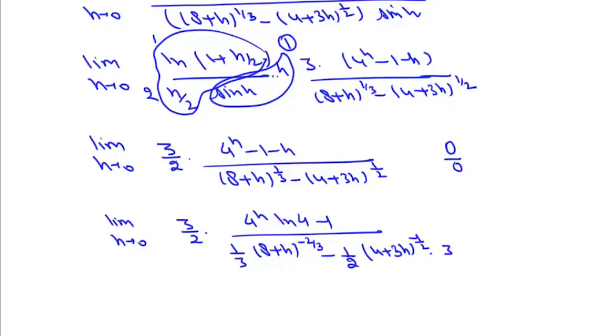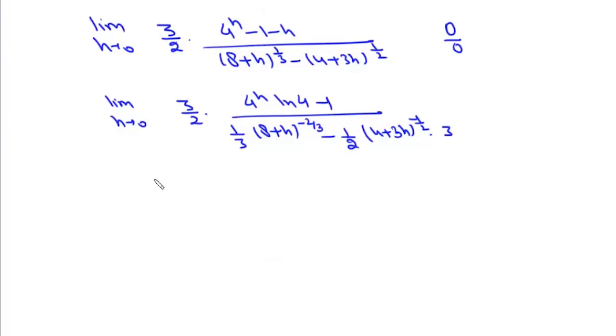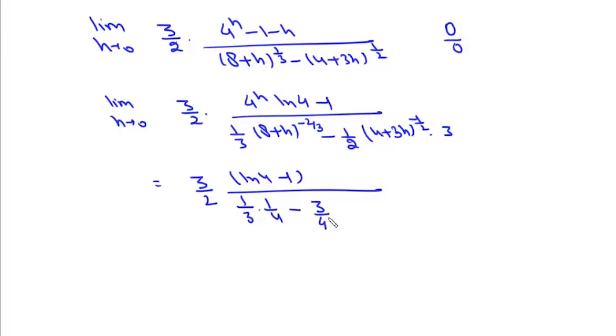If we put h as 0, we'll get this as 3/2 into (log 4 − 1) upon (1/3 into 8^(−2/3), which is 1/4, and 4^(−1/2)), so it will be this 3/4.